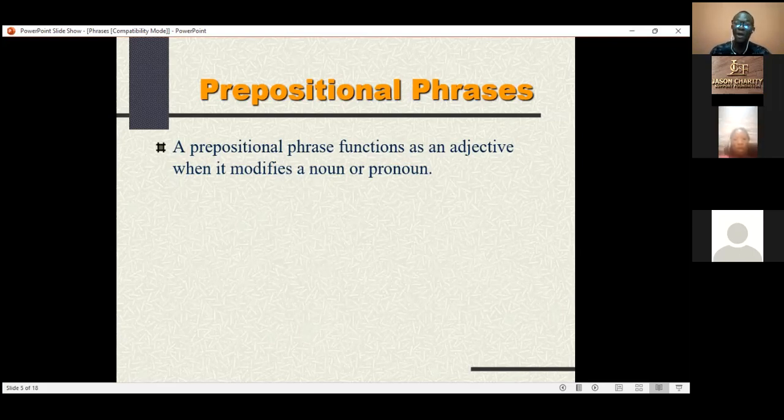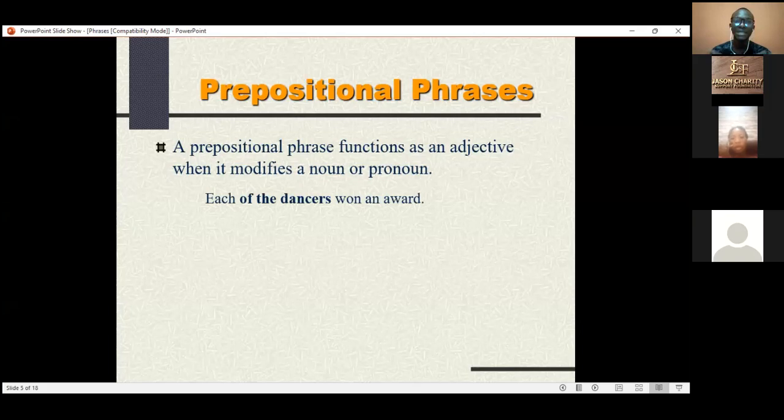A noun or a pronoun, as the case may be. So if you have a prepositional phrase that is functioning as an adjective, it will be modifying the noun. So if you have a prepositional phrase acting as an adjective and they ask you what is the grammatical name, you say it's what? Let's look at some examples.